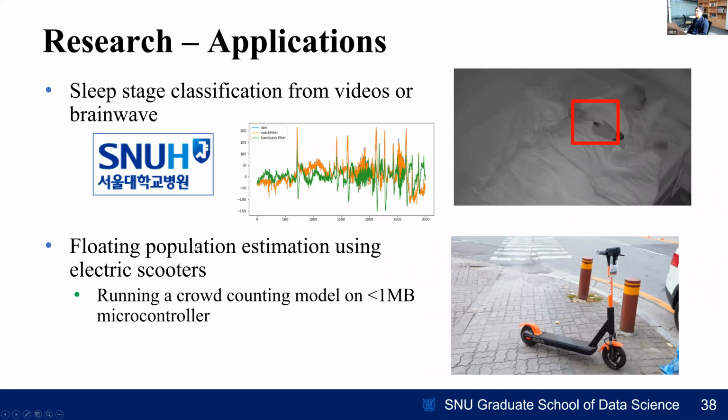The challenge here is that to run a crowd counting model, we need to squeeze this model extremely to run on a sub-megabyte microcontroller, which is quite challenging. So we'll see how it goes. But there are some recent techniques that we can apply.